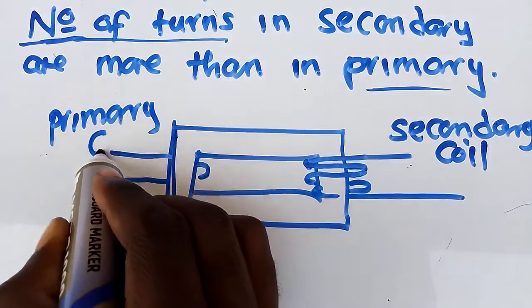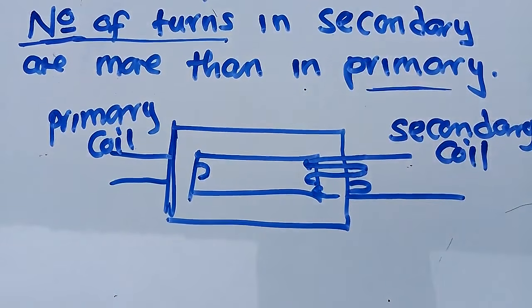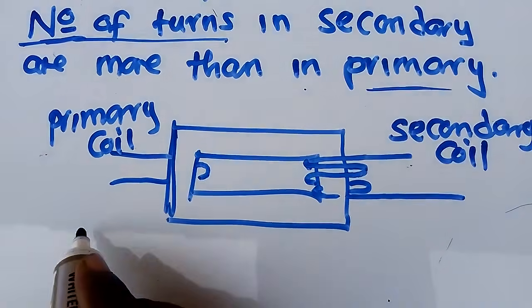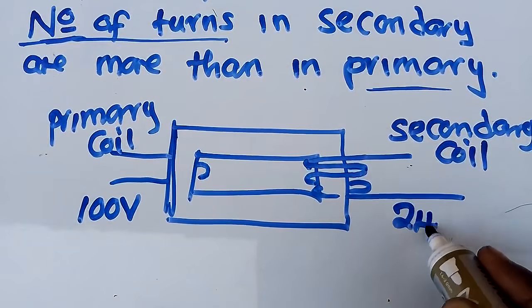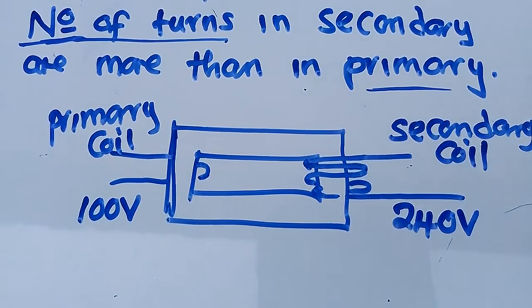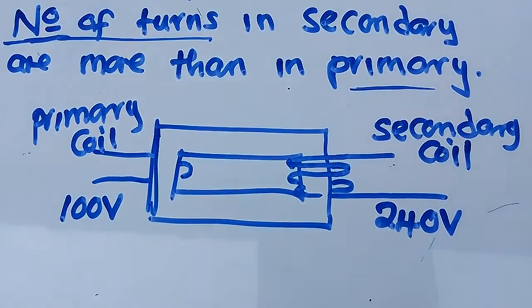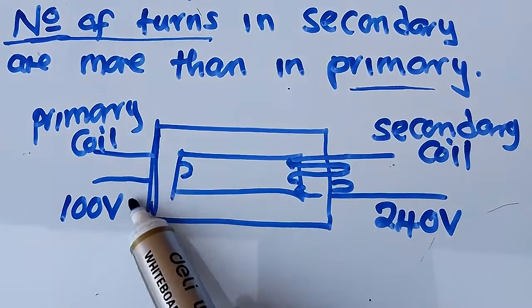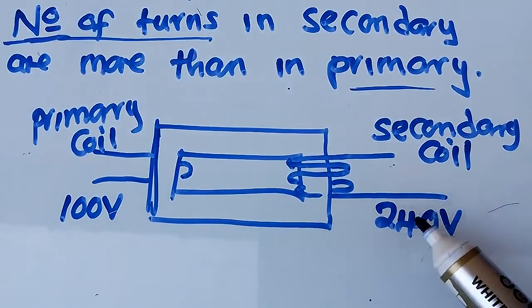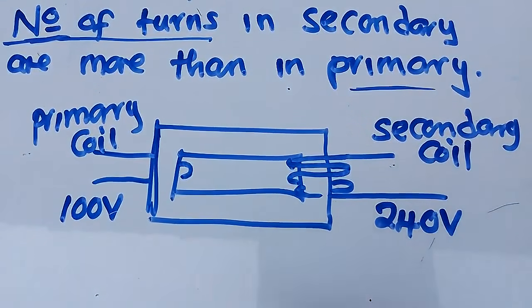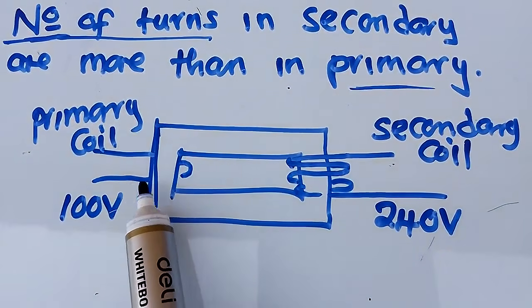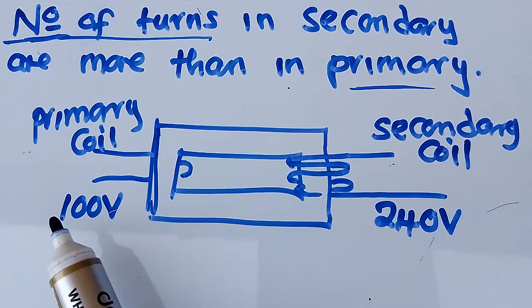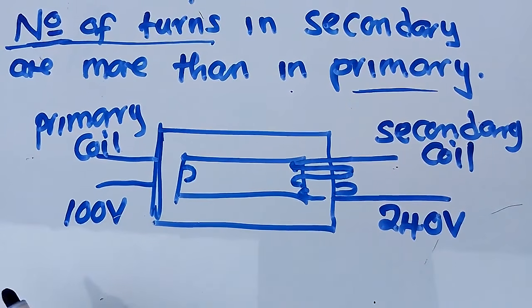In terms of voltage, if we've got 100 volts here, we're going to have 240 volts there. This is an example of a step-up transformer. The voltage is lower in the primary coil, but in the secondary it is higher. In terms of number of turns, here we've got a lot of turns, and here there are only a few.